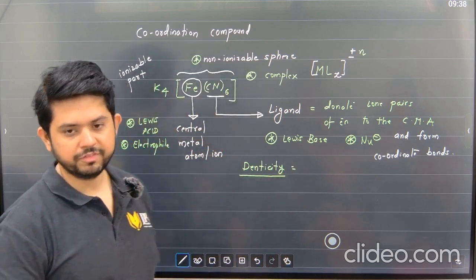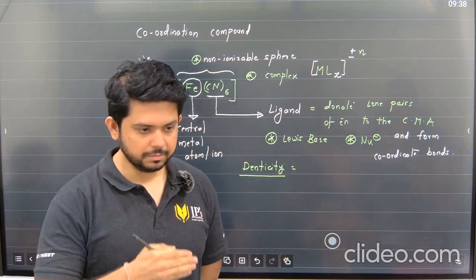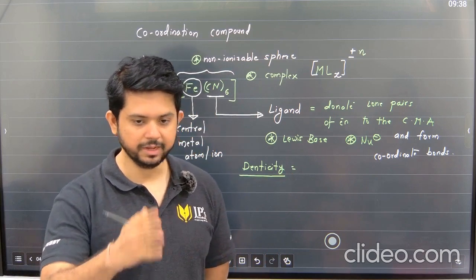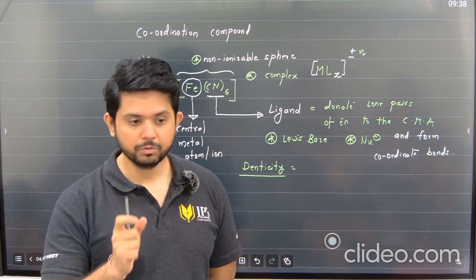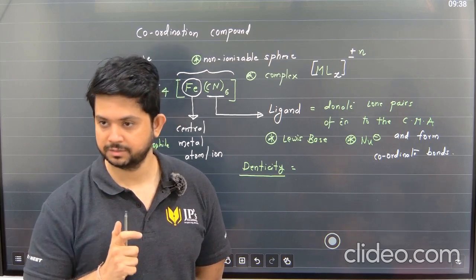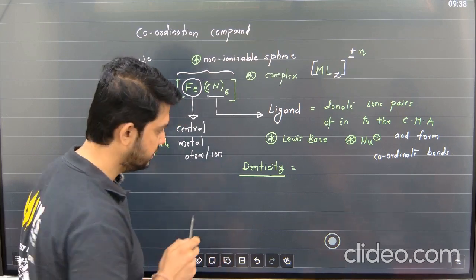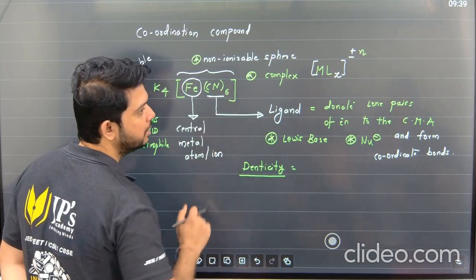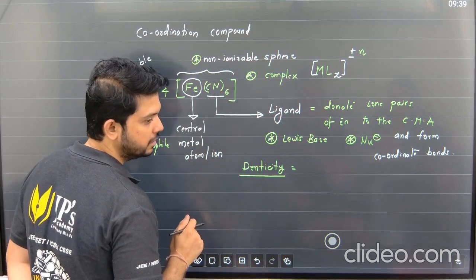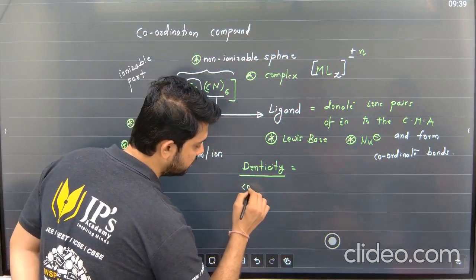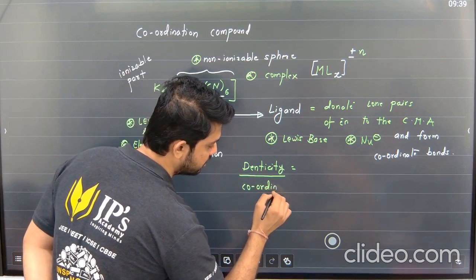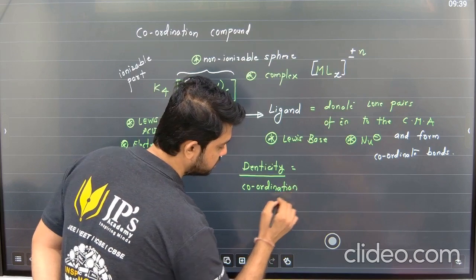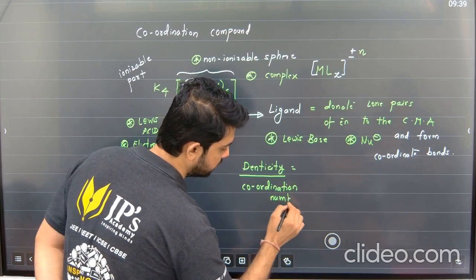I repeat, how do you define denticity? The number of lone pairs a ligand can donate. And the total number of lone pairs donated to the central metal atom is called the coordination number.